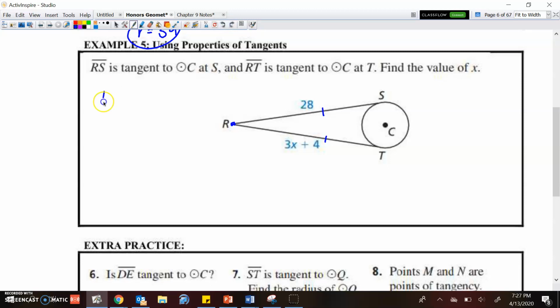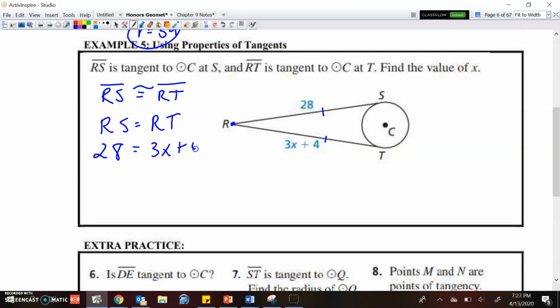By the theorem, we know that RS is congruent to RT. That would mean that RS is equal in measure to RT. So we can substitute in the values of RS, which is 28, and RT, which is 3x plus 4. Solving this, I subtract 4 on both sides. 24 equals 3x, divide by 3. So x equals 8. And that's all they wanted us to do there, so we're done.